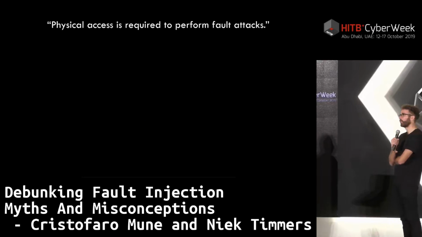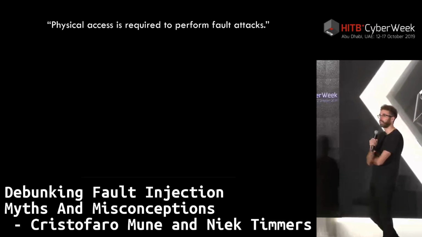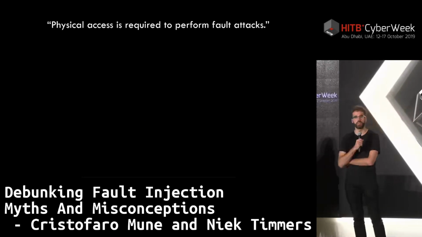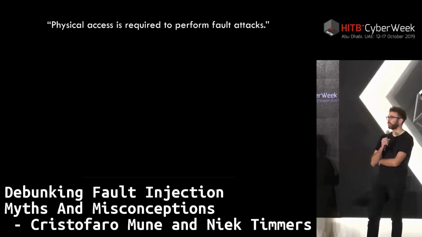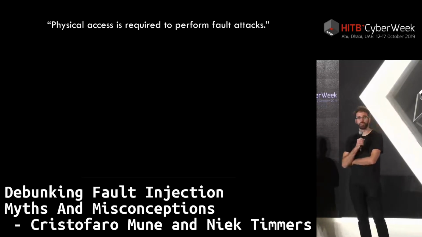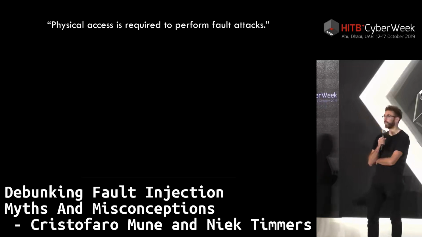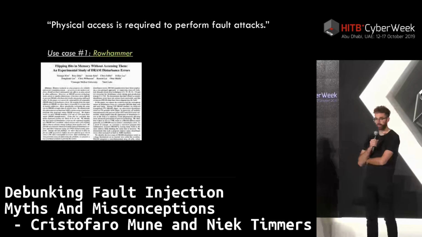Another thing that we often hear, and this typically comes from the manufacturers that are affected by fault injection attacks, is that physical access is required and therefore the impact is minimal. Because somebody needs to open your phone or somebody needs to put wires or make modifications to the PCB.